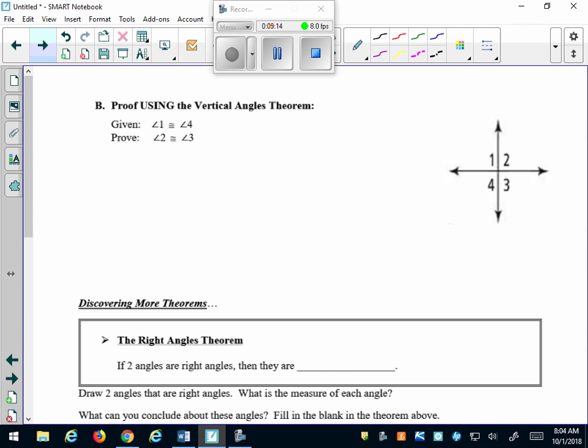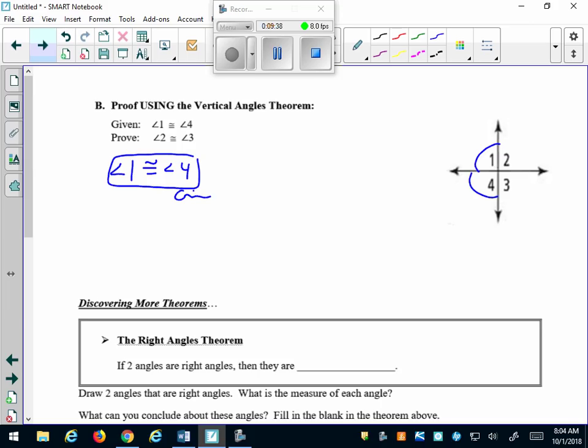All right, so now that we've proven that it's a theorem, we can use it in a proof. This becomes a lot shorter and easier. Our given is angle 1 is congruent to angle 4. Let's mark our diagram. 1 is congruent to 4. Well, now we know the vertical angles theorem is true.